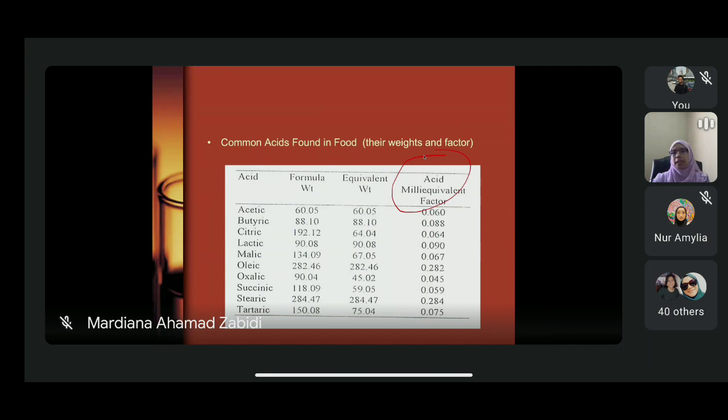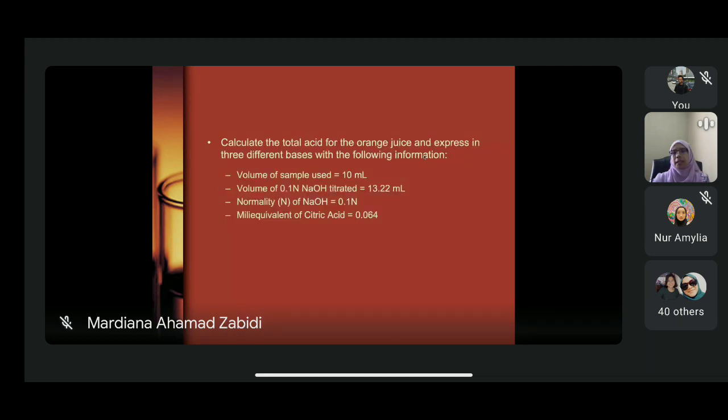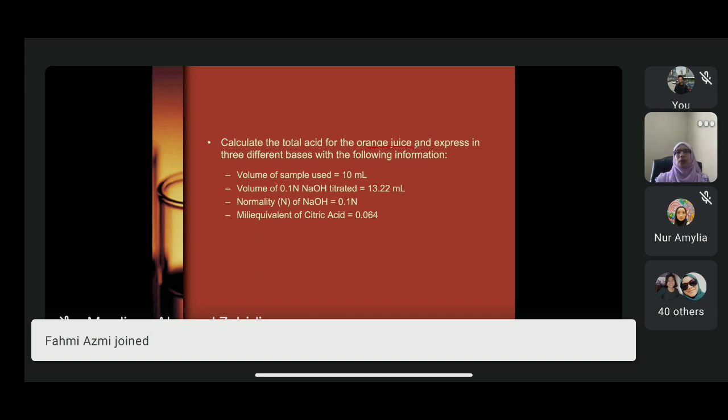Okay, so we go for the example. This one is a very simple example. The last 2 examples are the ones I want you to understand, why the value is given in such manner. Okay, so this one is the first example: calculate the total acid for the orange juice. Orange juice, what is its predominant acid?